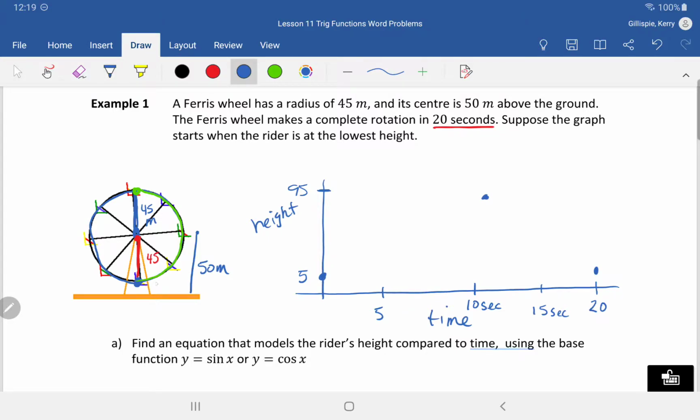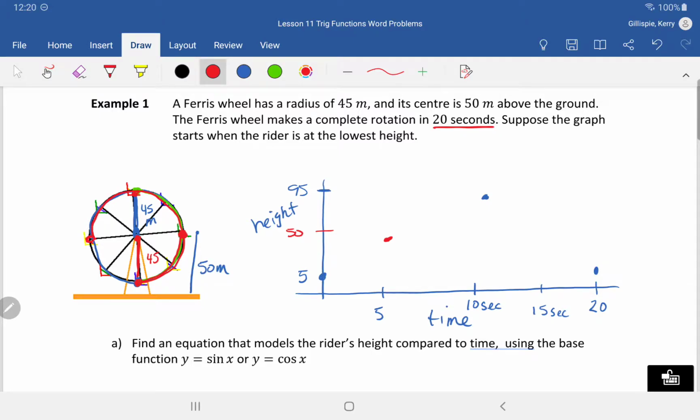Okay, let's look at the 5-second mark. By the 5-second mark, they should be a quarter of the way through, which is right here. So they'll be at a height of 50 because that's the center axle. So again, we get on at 5. This is 5 seconds. This is 10 seconds.